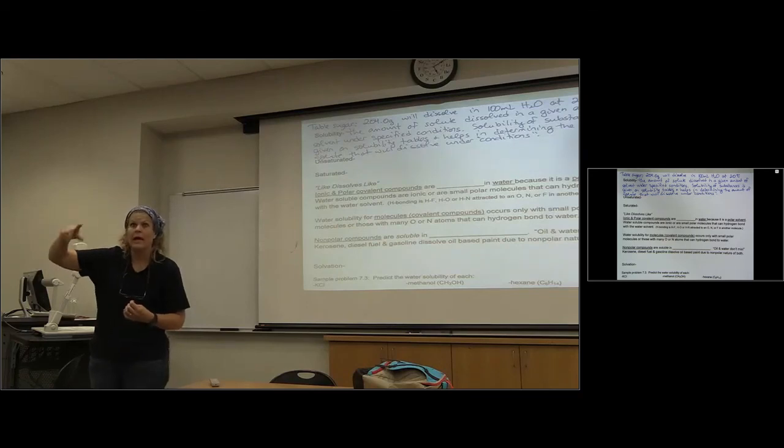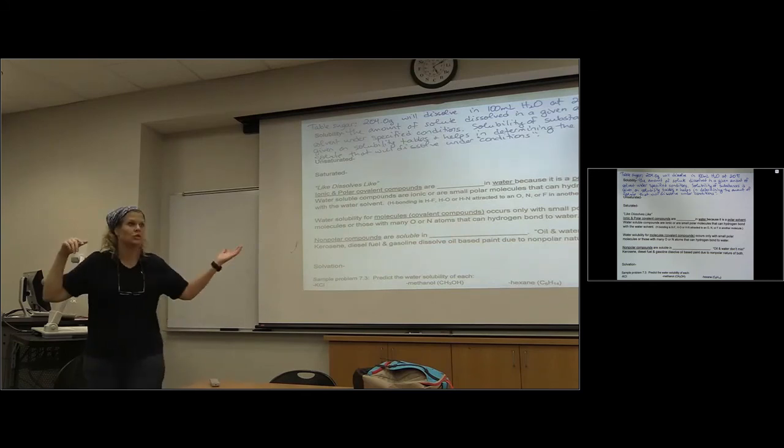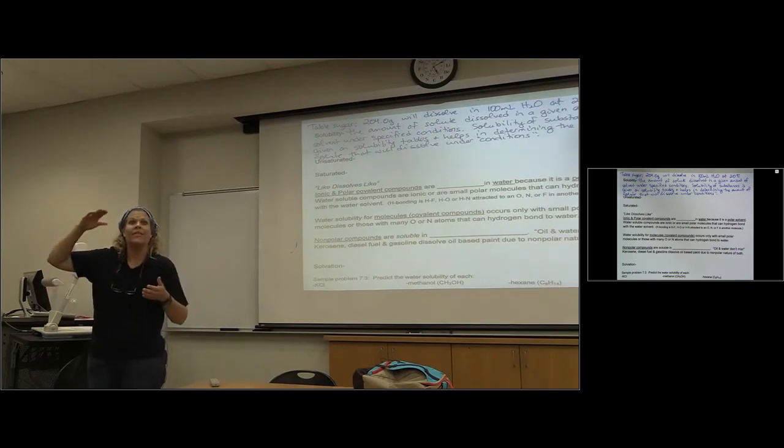It'll dissolve quicker and more will dissolve, won't it? Have any of you ever tried to make rock candy? It's hard to make. But if you've ever successfully made rock candy, what did you have to do? You had to add more than 204 grams per 100 milliliters and then cool it down and then hope it crystallizes out onto your stick.